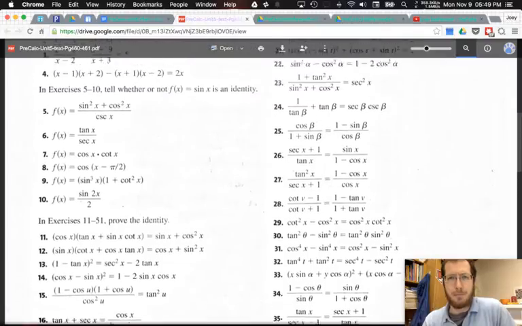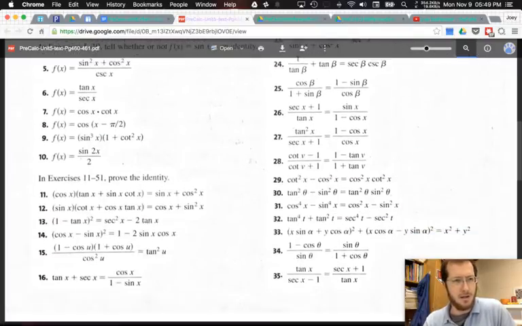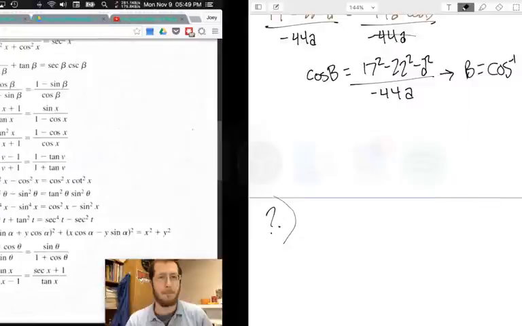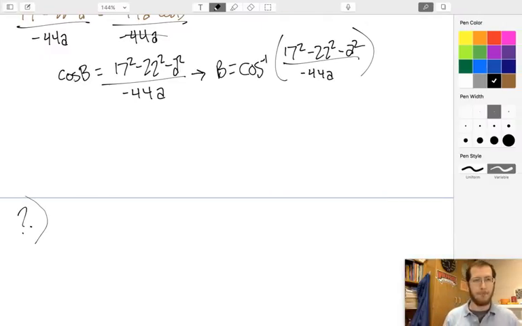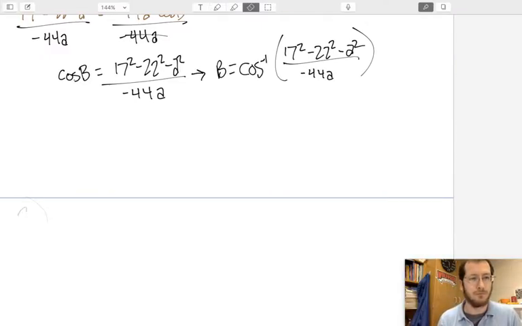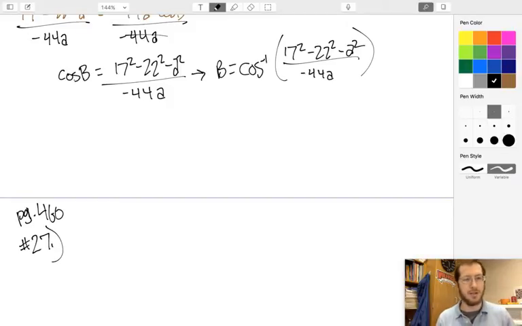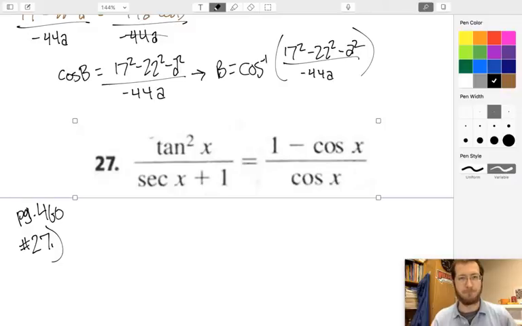Okay, directions say prove the identity. Okay, so prove the identity. Let's see what we got.